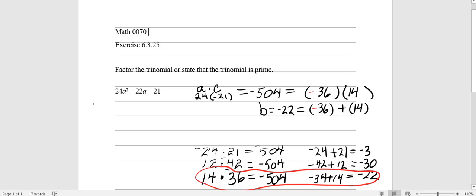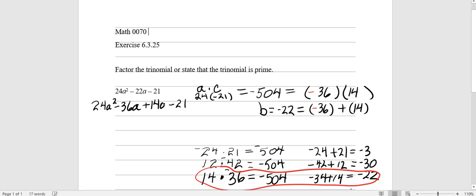So I'm going to take these integers that I found, and notice I'm not going to change the 24a squared, I'm not going to change the negative 21, but I'm going to write negative 22a as negative 36a plus 14a.